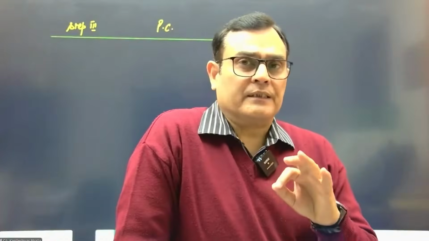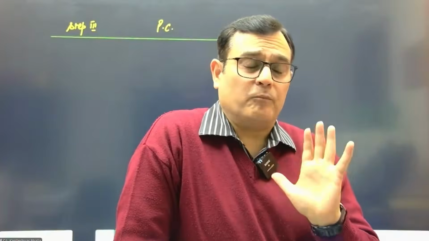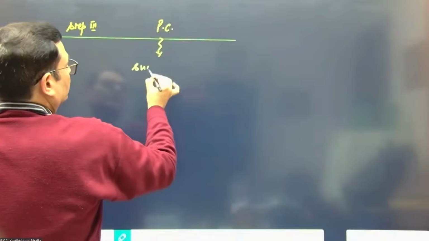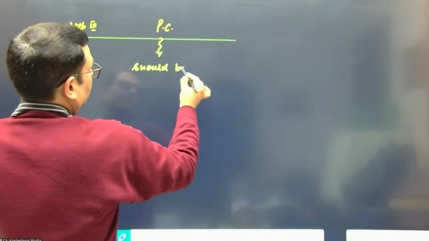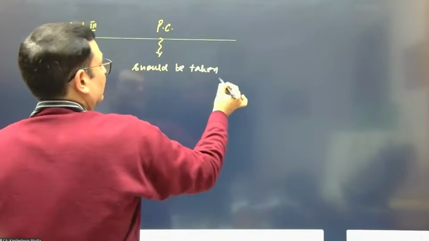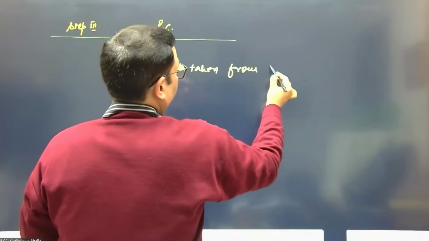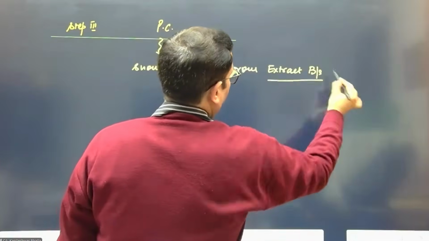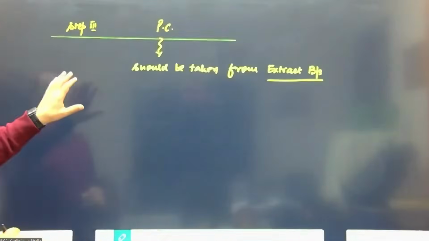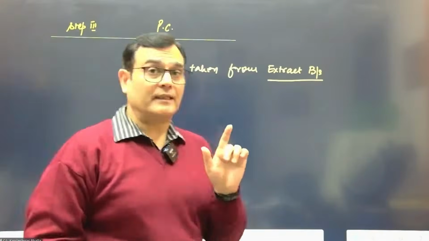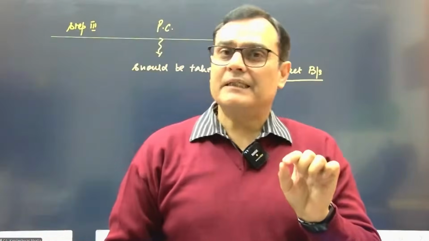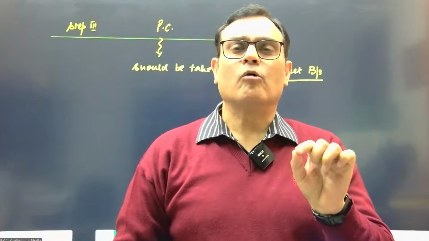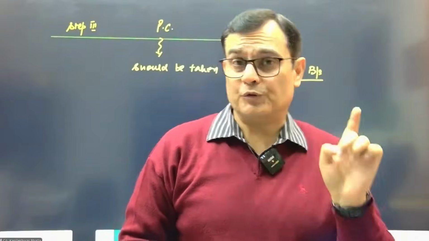So in this particular case, keep one thing very clear, that this purchase consideration should be taken from the extract balance sheet, because you've already made the extract balance sheet. Since you've already made it, it is appropriate to get the purchase consideration data from the extract balance sheet itself. But in any case, just for reference, when you consider the PC, this is containing all the issues which you've done in 103.